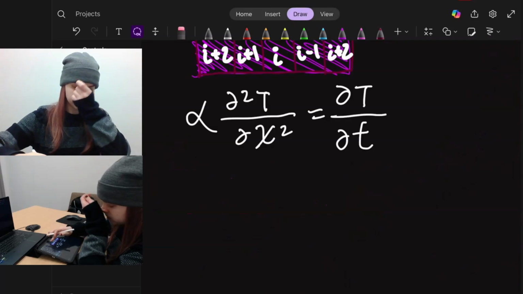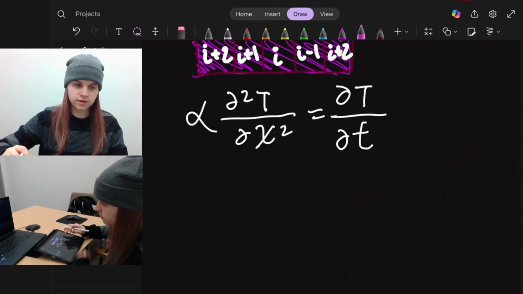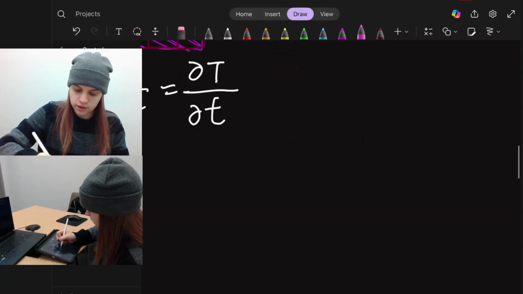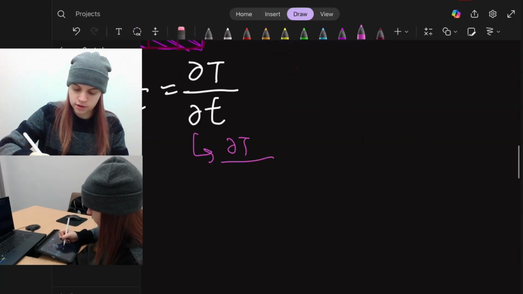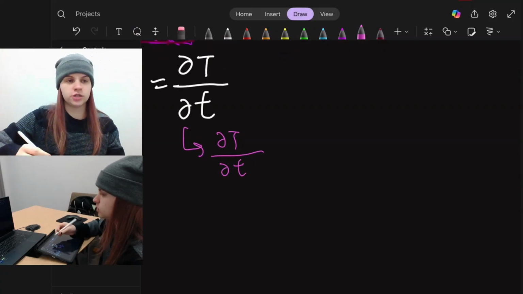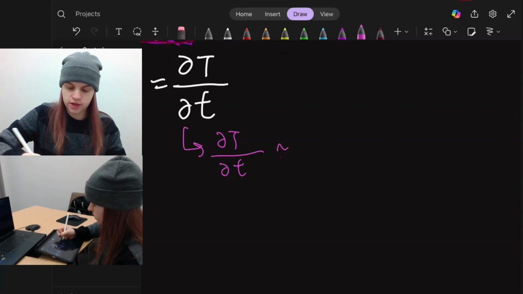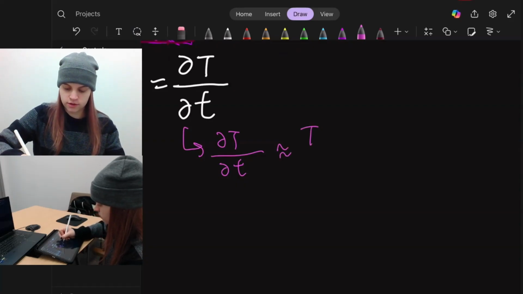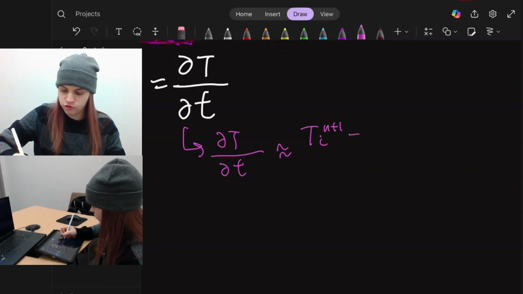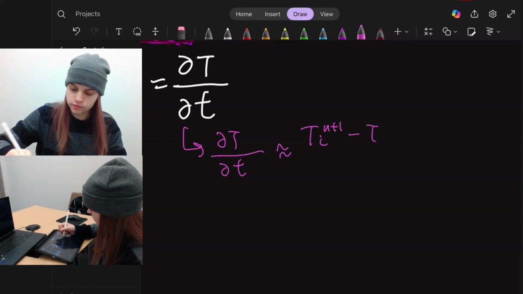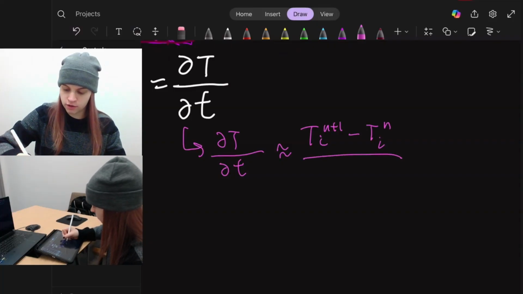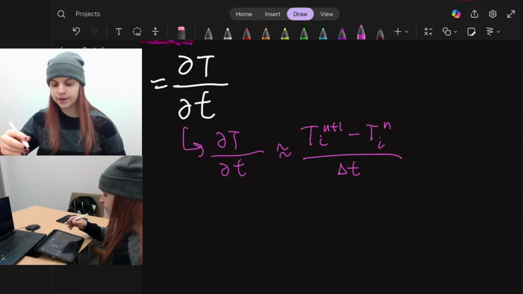So what we want to do is say the temperature change over the time change is roughly equal to the temperature at n plus 1 subtracting the temperature at n, and dividing all of that by the change in time.